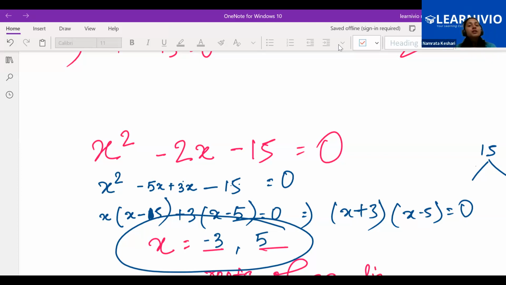Now if I randomly write any quadratic equation, x square minus 3x plus 3 is equal to 0, tell me, is it possible to do the factorization here? No. So every time it will not be possible.